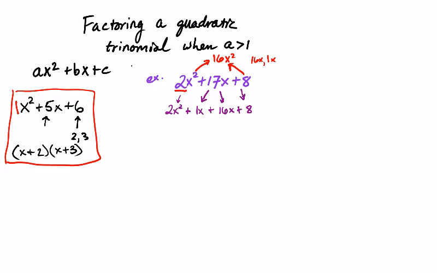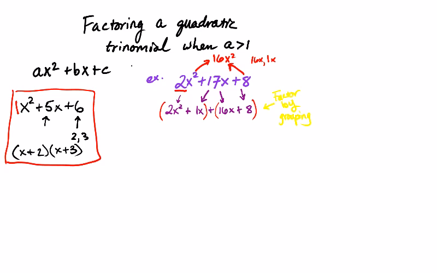And when you have 4 terms right here, you want to factor by grouping. And what that means is that you want to group the first 2 and the last 2. And you're going to take the greatest common factor out of each of those parentheses.